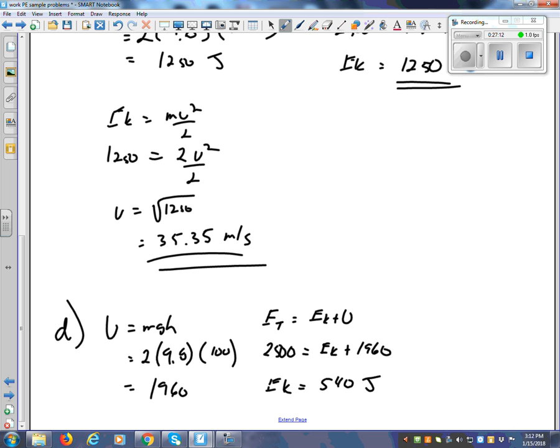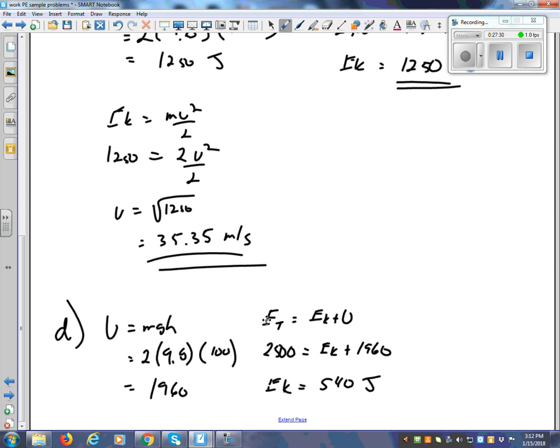540 for the EK? That's what I got. That's the only way to find this, right? If you're trying to find the velocity, you have to find the EK first. We could do that too, yes. We're dealing with things from an energy standpoint.